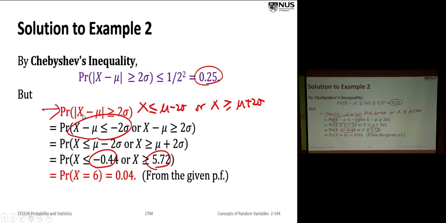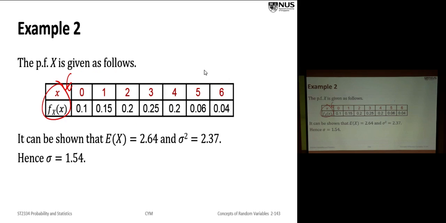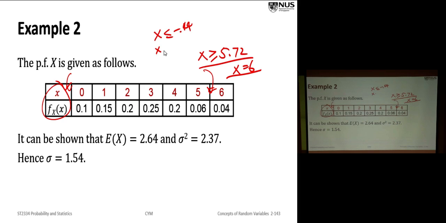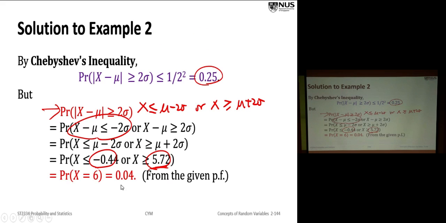And the other one is x greater or equal to 5.72, so it must be somewhere here. x greater than 5.72 is equivalent to x equal to 6 in this example, so these two events are the same. While x less than minus 0.44 means there are no x values, so the probability of this one is equal to 0. So we add up these two probabilities, and it turned out to be 0.04.